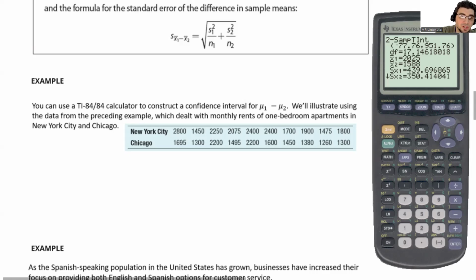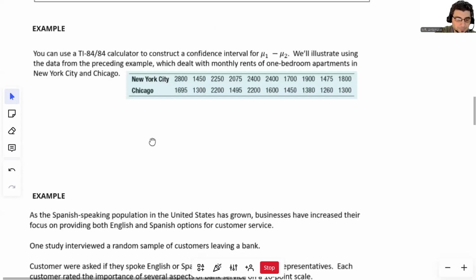So what that suggests is that the mean monthly rent in New York City is between $77.76 less and $951.76 more than the mean monthly rent of all one-bedroom apartments in Chicago. So notice that the interval does contain 0 as a plausible value. So it is plausible that there is no statistical difference between the mean monthly rents in the two cities.